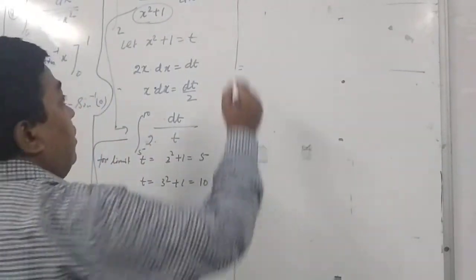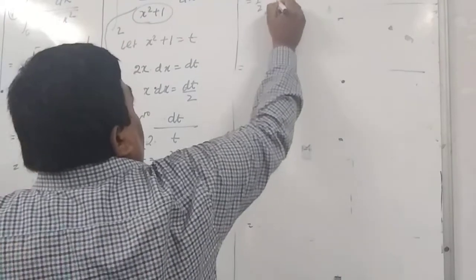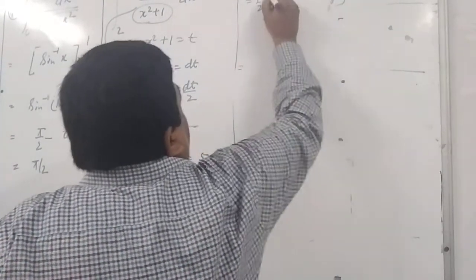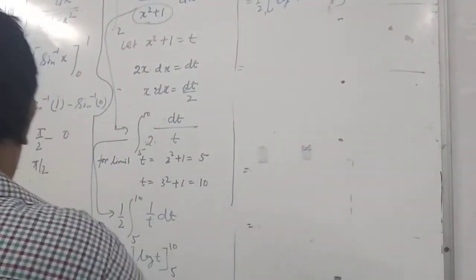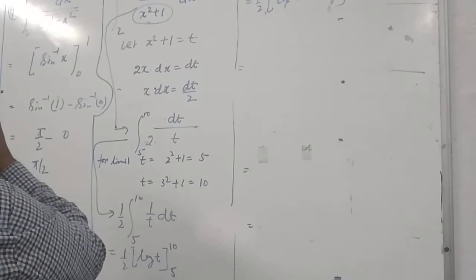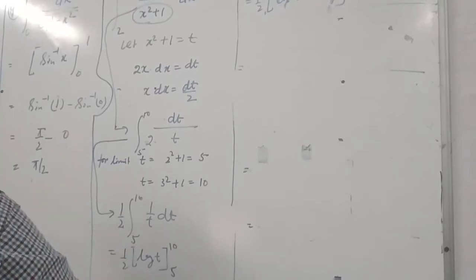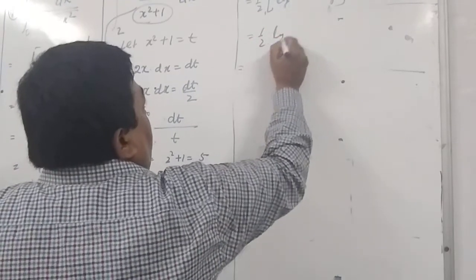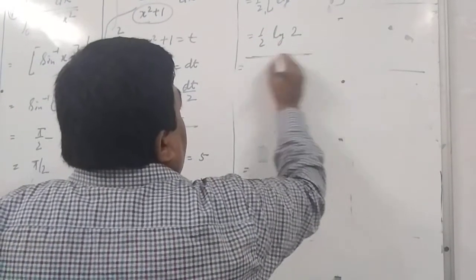Just see here, 1 upon 2 times (log 10 minus log 5). Log 10 minus log 5, so 1 upon 2 log 2. This is your final answer.